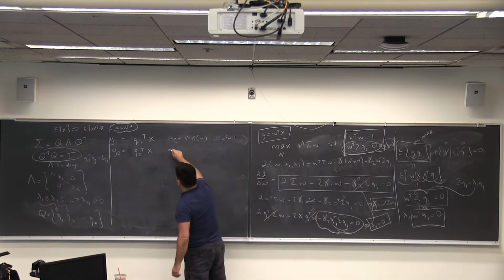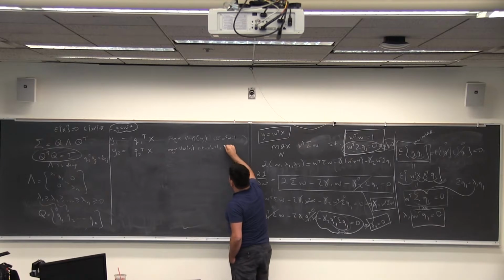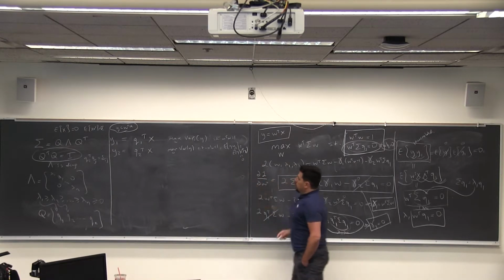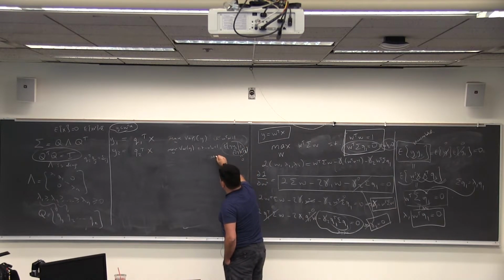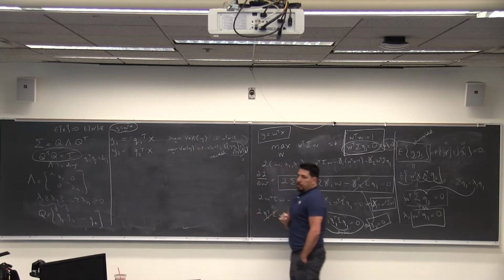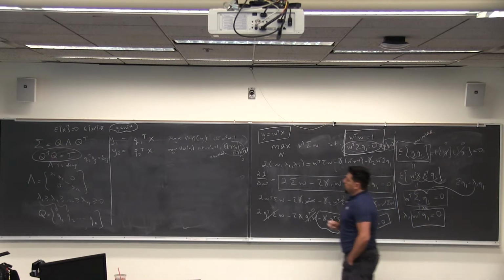The second one maximized the variance subject to the same length condition, and also the expected value of Y Y1 equals the expected value of Y times the expected value of Y1, which ended up being 0 because of the assumptions. This is uncorrelatedness. So I'm looking for a sequence of uncorrelated linear projections that maximize variance.